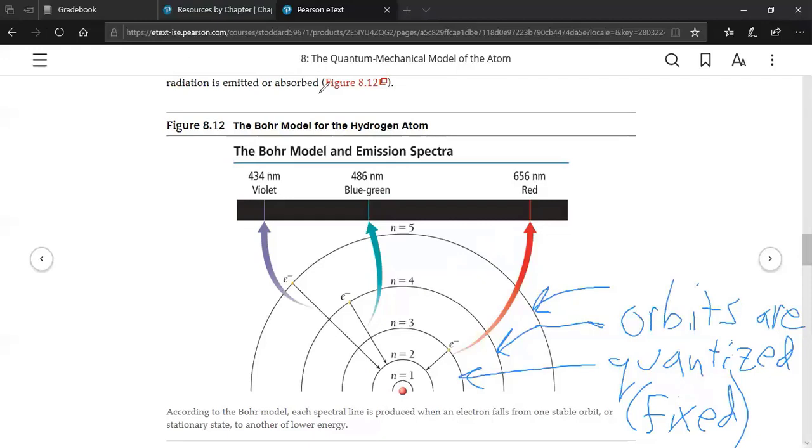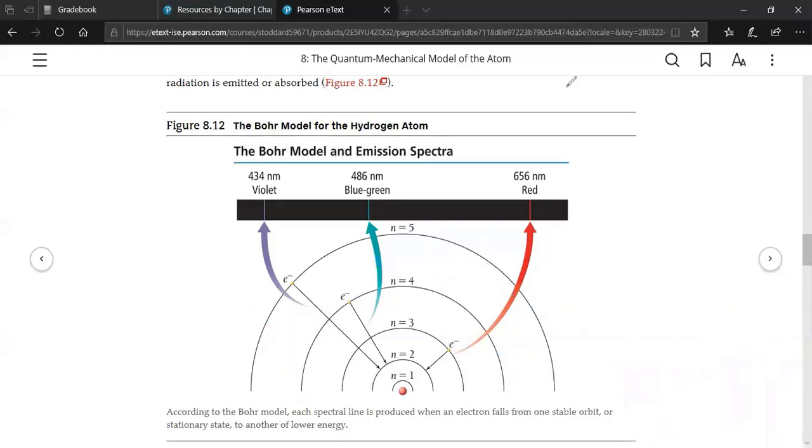They have certain energy values and certain radii that they can have, and they can't be anywhere in between. So I can't just stick an electron orbit right there. That's not possible because that's not one of the possible orbits. That orbit wouldn't exist.